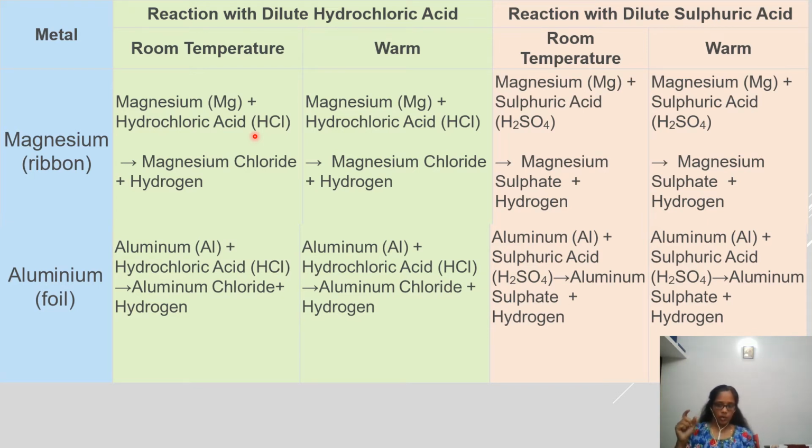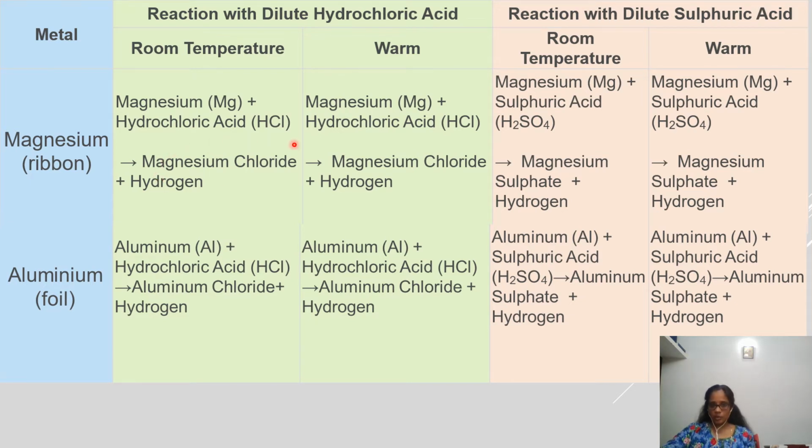So you can watch that reaction of magnesium and hydrochloric acid. You can see the bubbles are coming out. So what are those bubbles actually? That is the gas. Which gas? Hydrogen gas. Okay. So magnesium reacts with hydrochloric acid to form magnesium chloride and hydrogen gas.